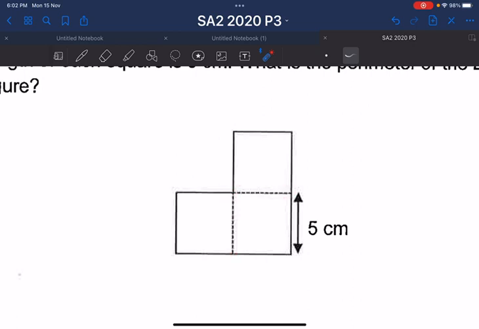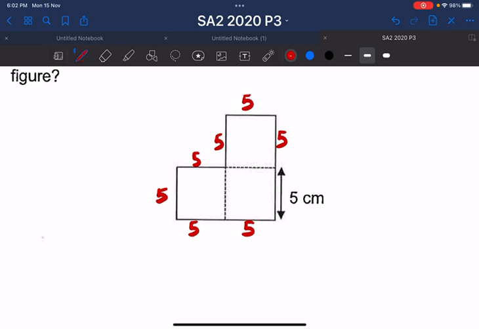Alright? So what we're going to do, because it's a square, we know each side is equal. It's all 5, 5, 5. So we are going to try to add 5 so many times. But of course, if you know that there is a simple way, you can just simply take 5, multiply by the number of times it appears. Right? That is the power of times table. So we can try that.